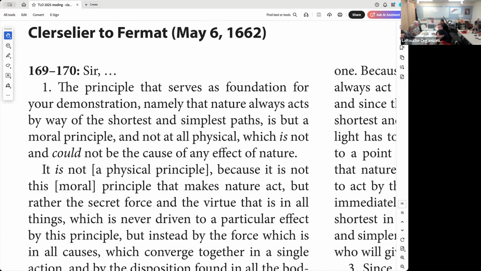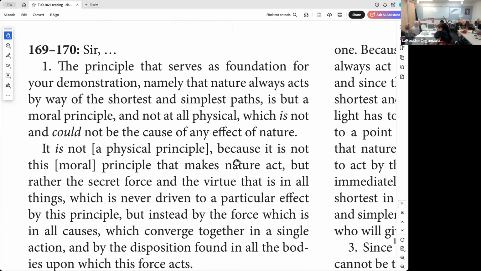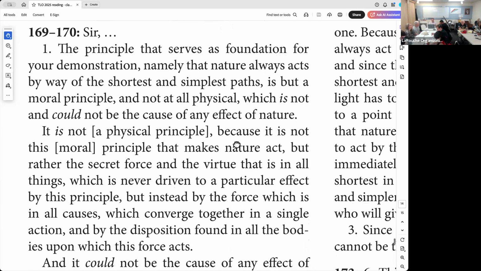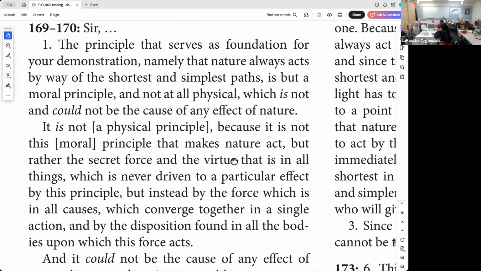Rachel, okay. The principle that serves as foundation for your demonstration, namely that nature always acts by way of the shortest and simplest paths, is but a moral principle and not at all physical, which is not and could not be the cause of any effect of nature.